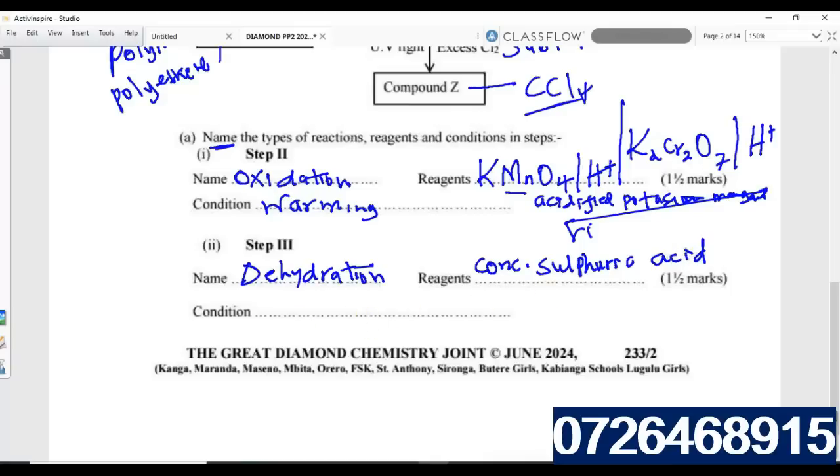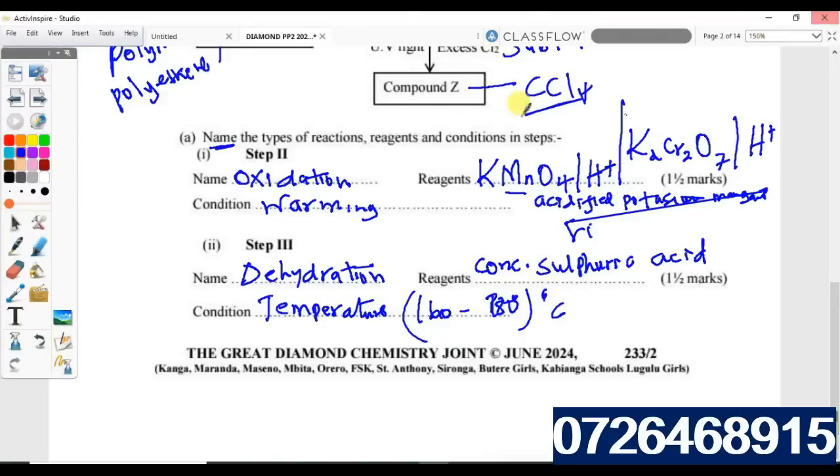The condition is a temperature of 160 to 180 degrees Celsius. Whenever you are asked to name, give the name and not otherwise.